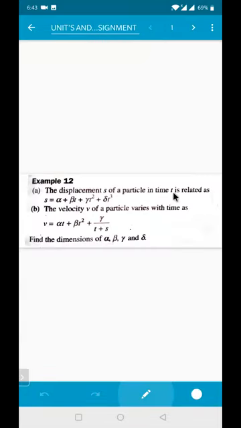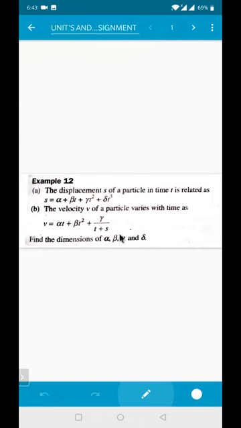The displacement S of a particle in time t is related as S is equal to alpha plus beta into t plus gamma into t square plus tau into t cube. So the dimension of each term on the right hand side must be the same as that of displacement. S is nothing but displacement, so S must be equal to each term.